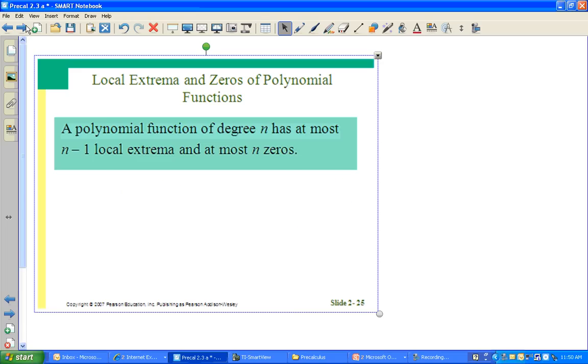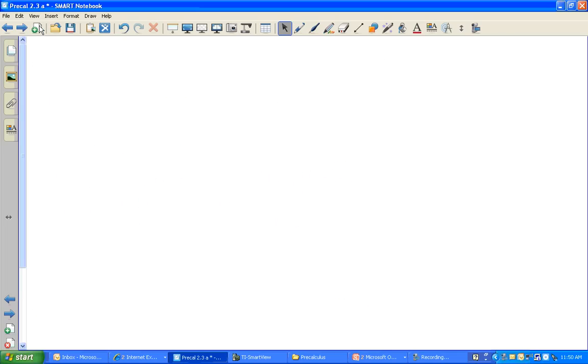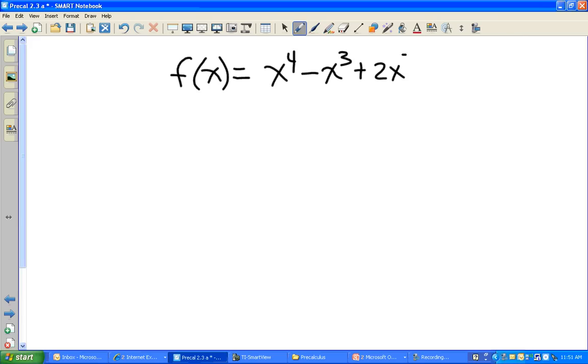So before I go on, let's actually take a look at one of these and see what it would look like. For example, if I have x to the fourth power, and we can put in a few other terms and just see what they look like. Minus x cubed plus 2x squared minus 5x plus 2.